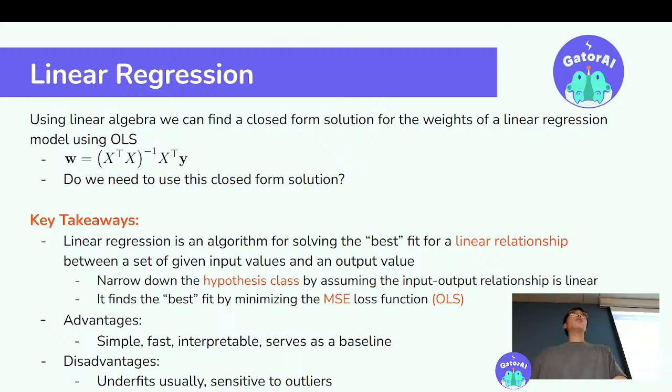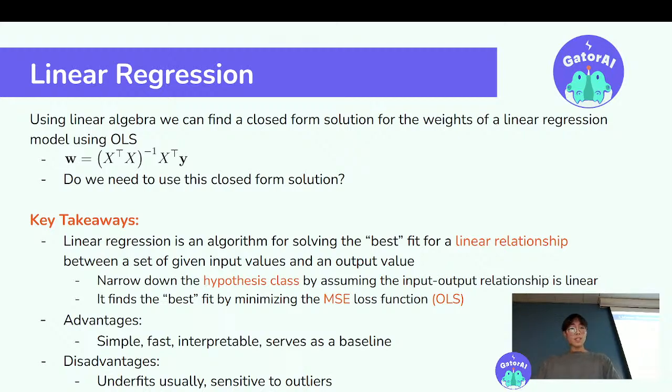So there are some key takeaways. Linear regression is an algorithm for solving the best fit for a linear relationship, and that's the key. We're assuming that in the data there are linear weights we can multiply with the inputs to give us a value.